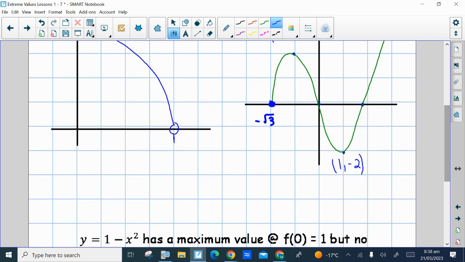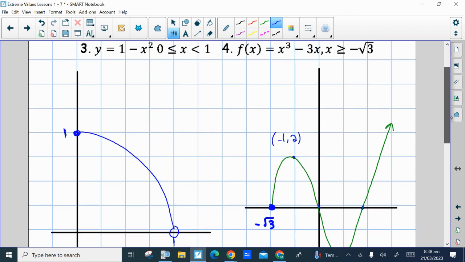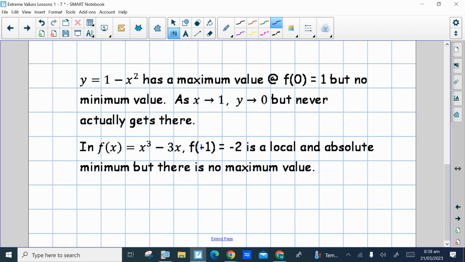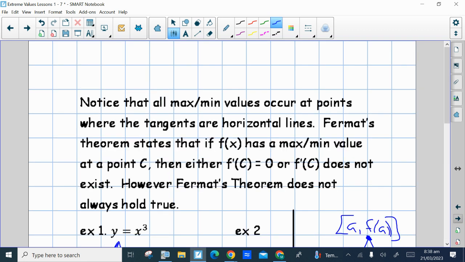So the point (1, -2) is an absolute minimum, and at negative root 3, that would be a local minimum. It's the lowest point for a certain portion of the graph. But because the graph extends up to the right forever, it rises to the right, there is no maximum value. So these are the different scenarios that we're going to see.